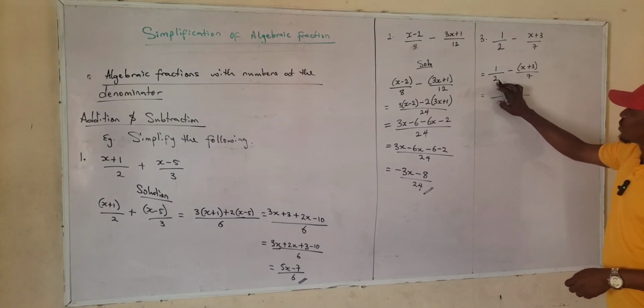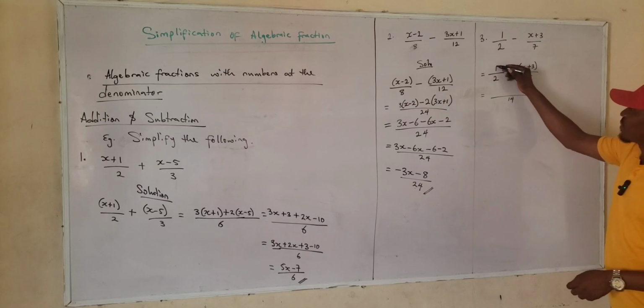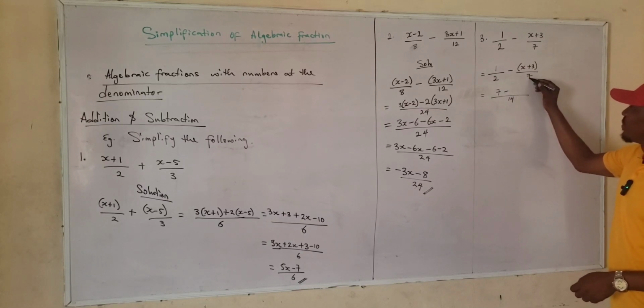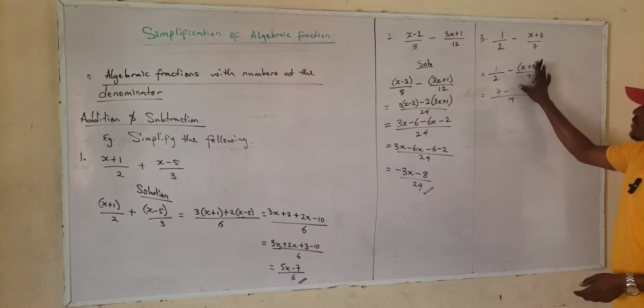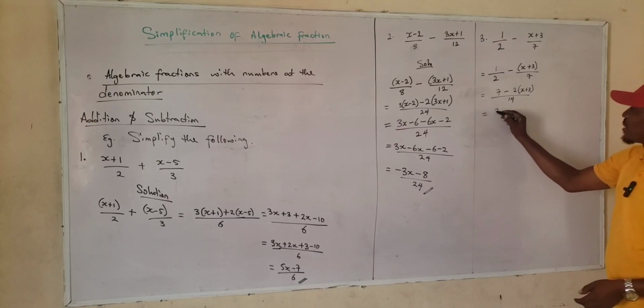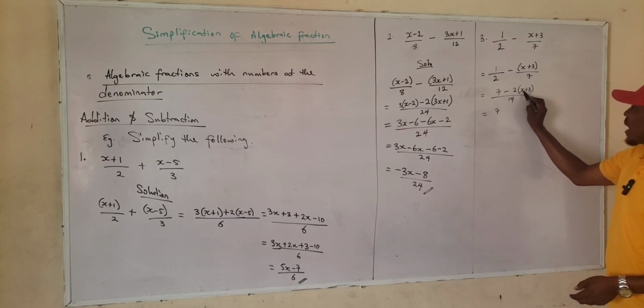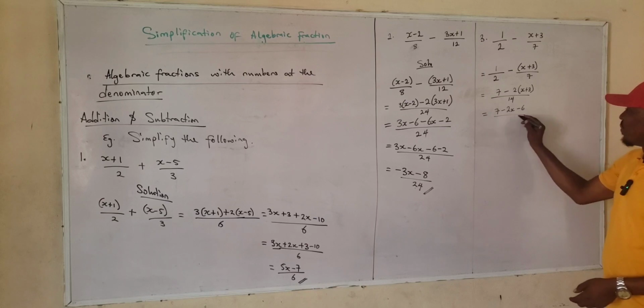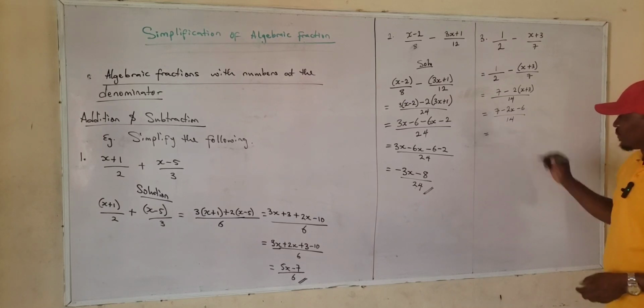Okay, so you take LCM of 2 and 7, that will give you 14. 14 divided by 2 will give you 7. 7 times 1 will give you 7, minus 14 divided by 7, that will give you 2. 2 times the bracket, that will give you 2 into s plus 3. So that will give you 7 minus 2 times s, minus 2s, minus 2 times plus 3, minus 6, over 14.